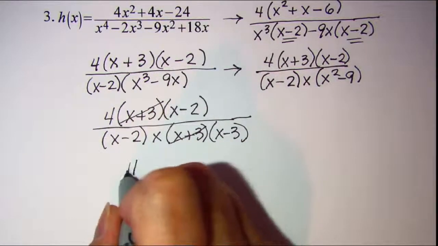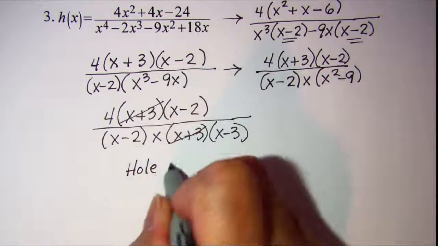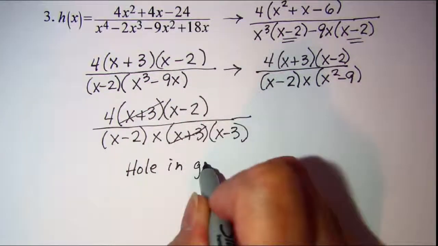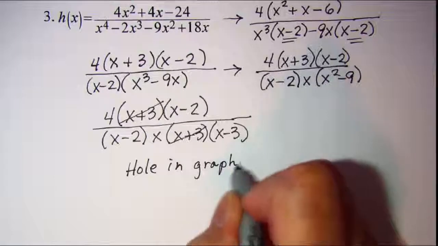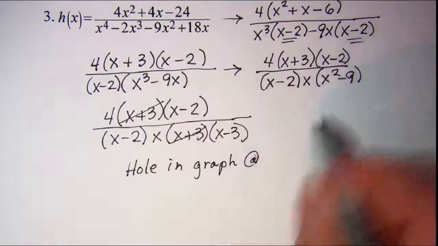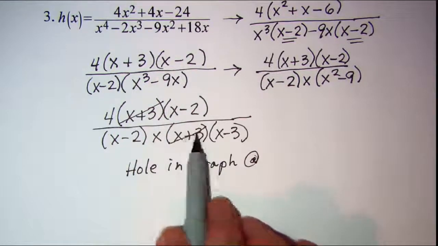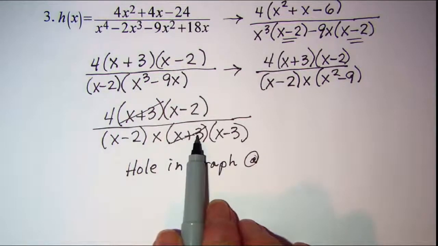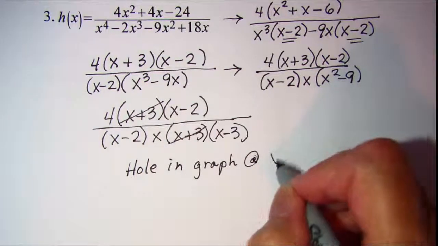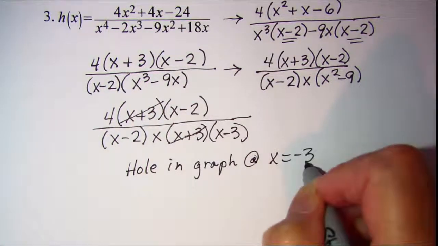So we have a hole. x would have to be a negative 3 in order to make this a 0 and to give a division by 0. So x equal negative 3.